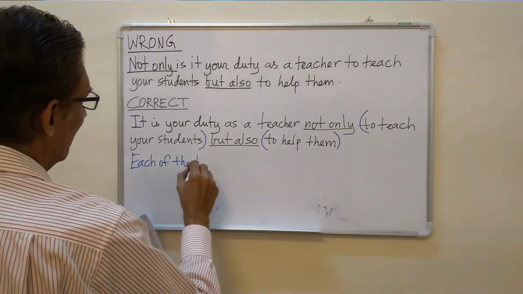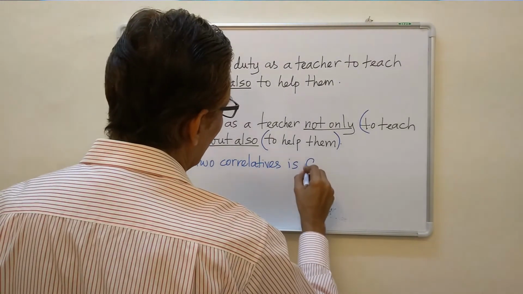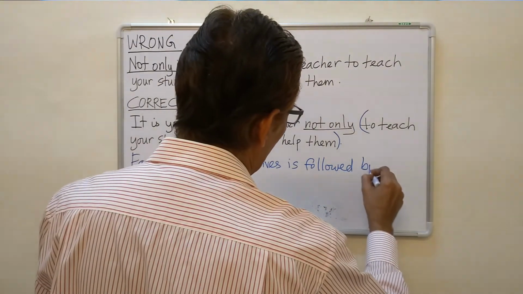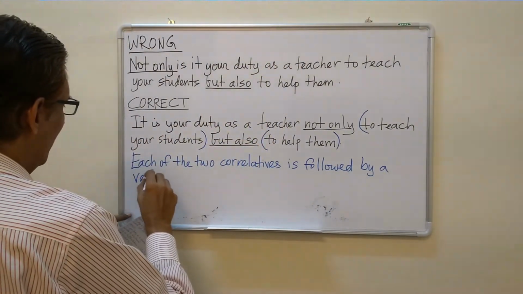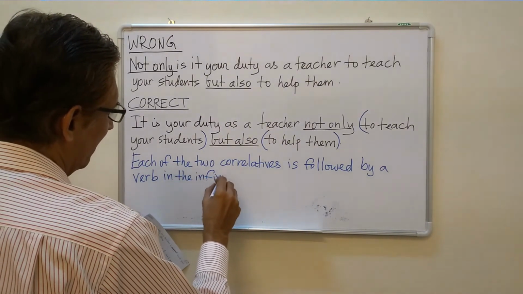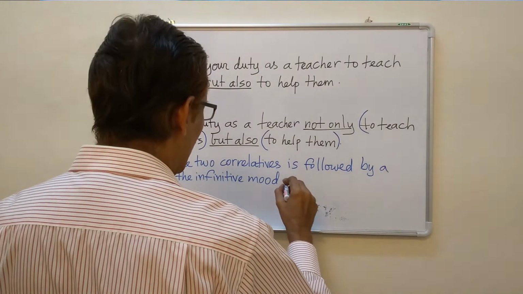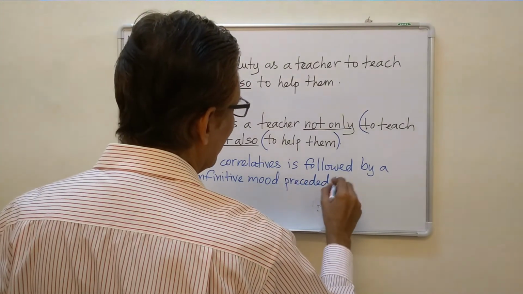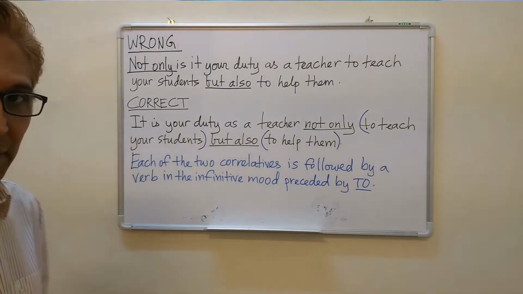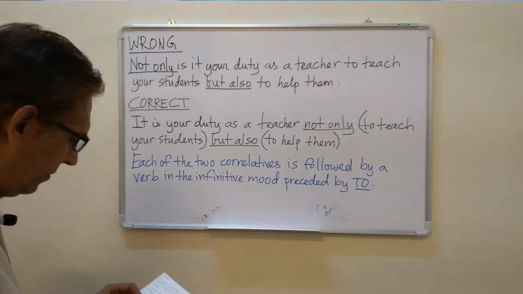Each of the two correlatives is followed by a verb in the infinitive mood preceded by to.